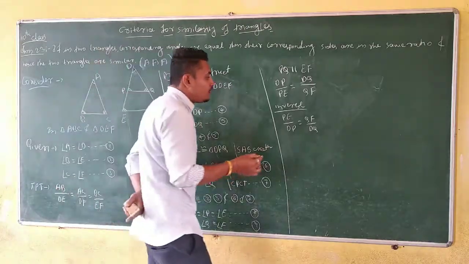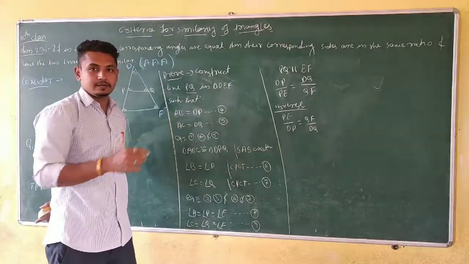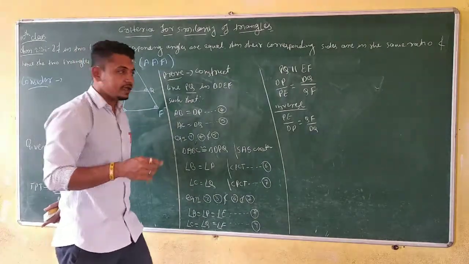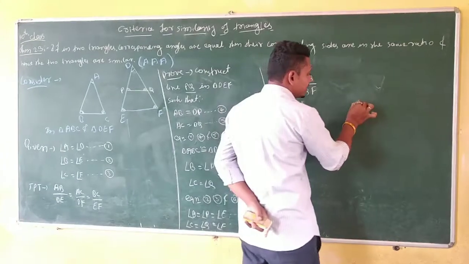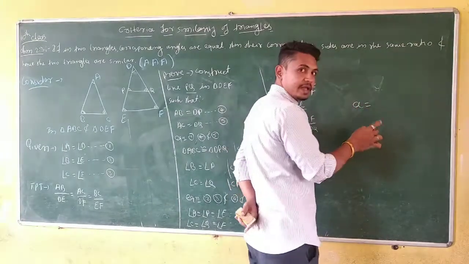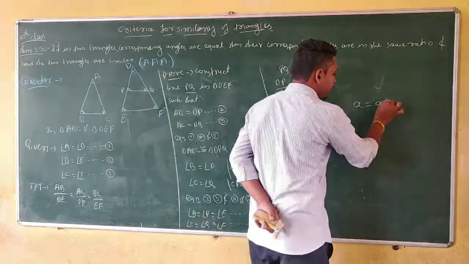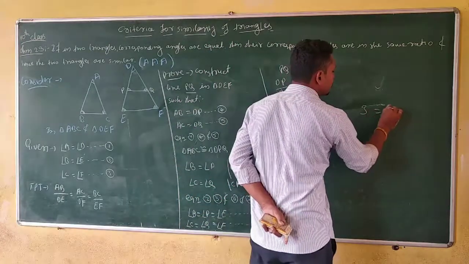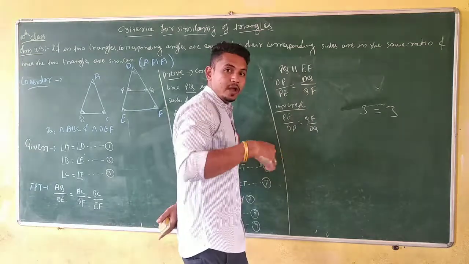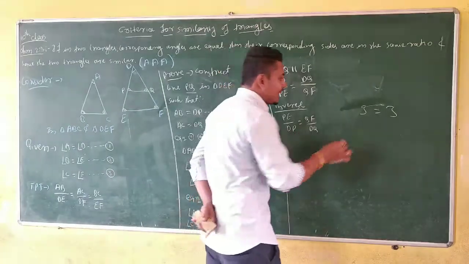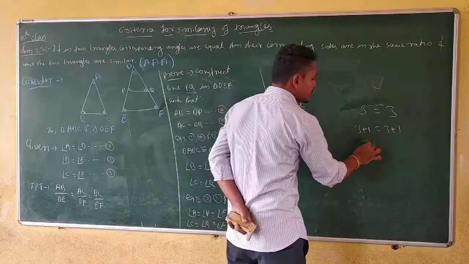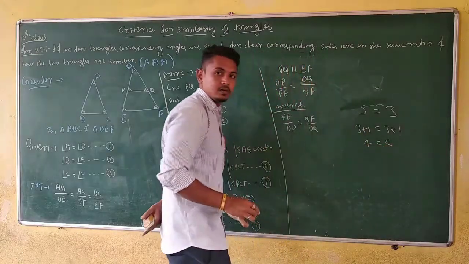Now adding one on both sides. If A is equal to A, or you can take 3 is equal to 3. Now we add 1 on both sides. Here 3 plus 1 is equal to 3 plus 1, so 4 is equal to 4.